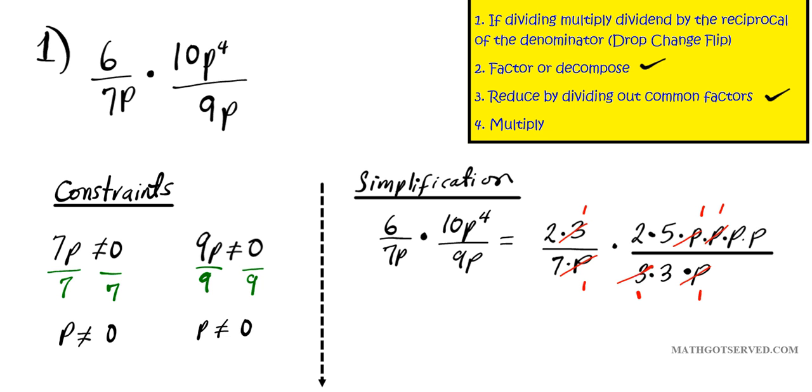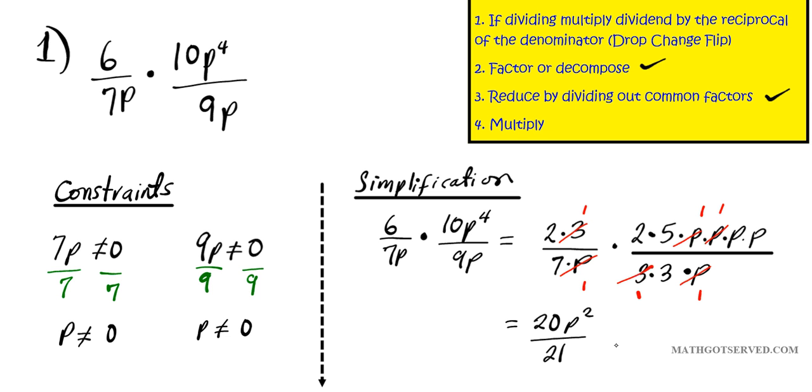Lastly, we'll just simply multiply. Our final result will be 2 times 2 times 5, which is 20. We have 2 p's there. P times p is p squared. Let's write that again. 20 p squared divided by 7 times 3, which is 21.